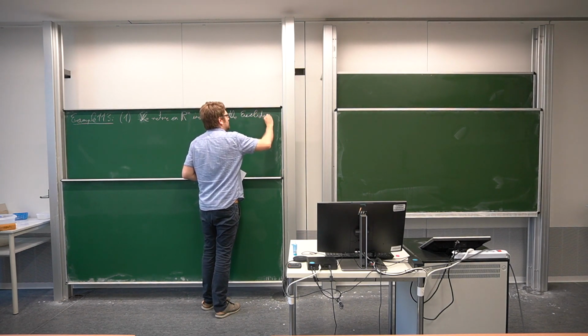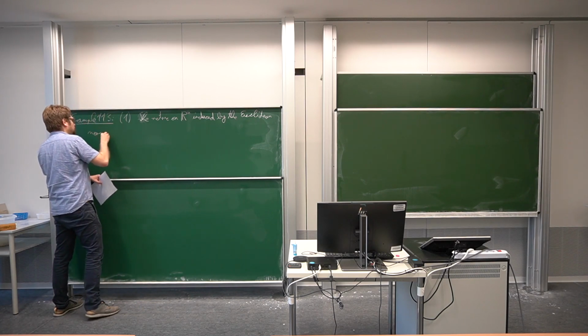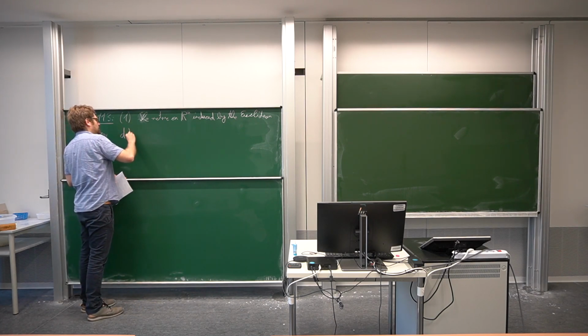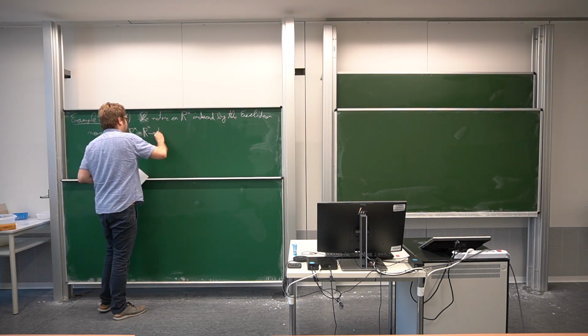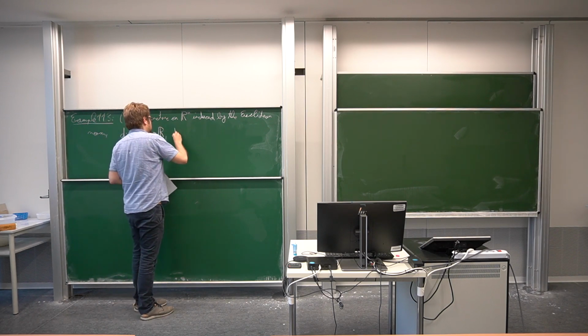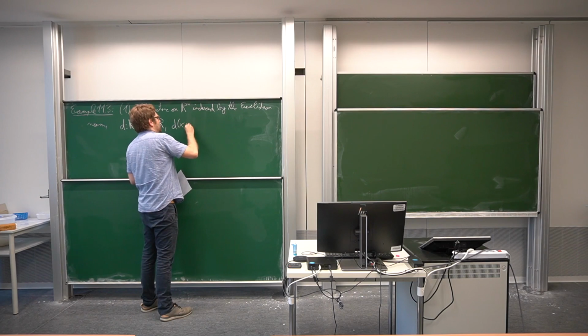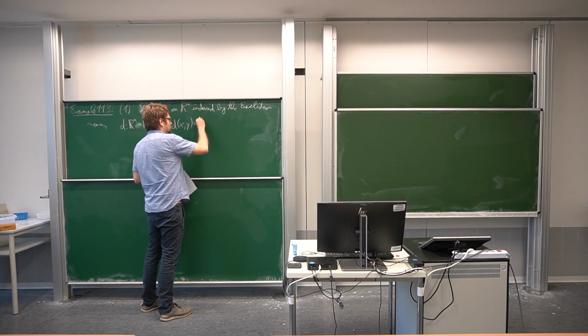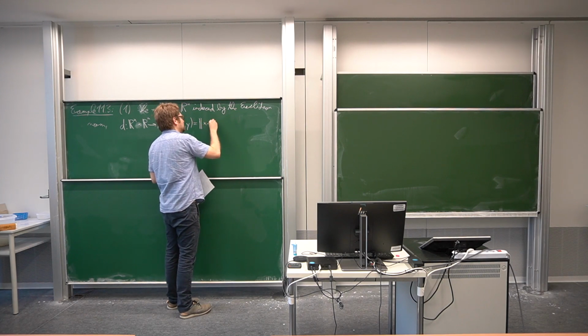This means d from Rn times Rn to R. So d of x,y is the norm, now the Euclidean norm, of x minus y.